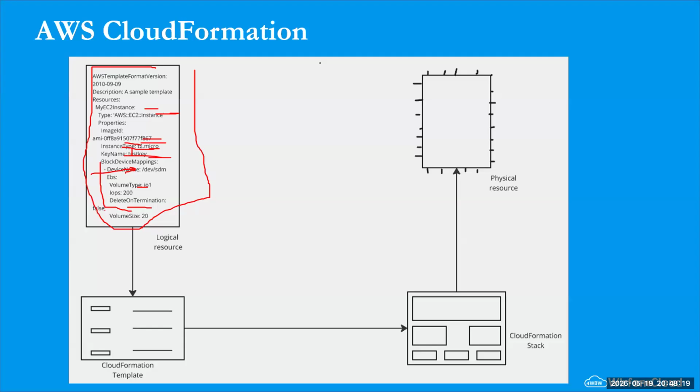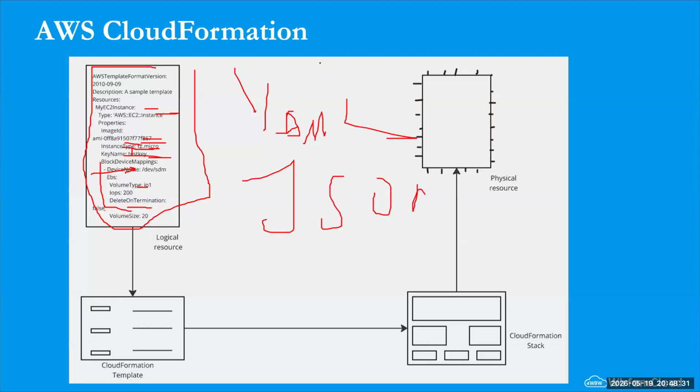So you start by just writing this in what is called a JSON format, no, YAML format. There are two types, YAML and JSON. The format that is popular is YAML. So once you do all of this, you give it to CloudFormation. CloudFormation reads it and creates what is called a stack.